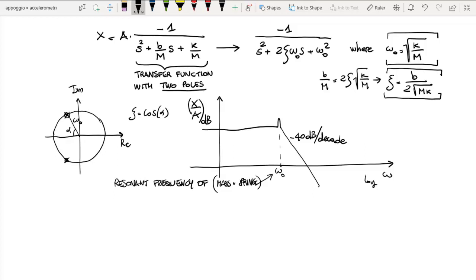Okay. So why is that interesting? Because at low frequency, at frequency below omega 0, you see that the displacement x is exactly proportional to the acceleration.